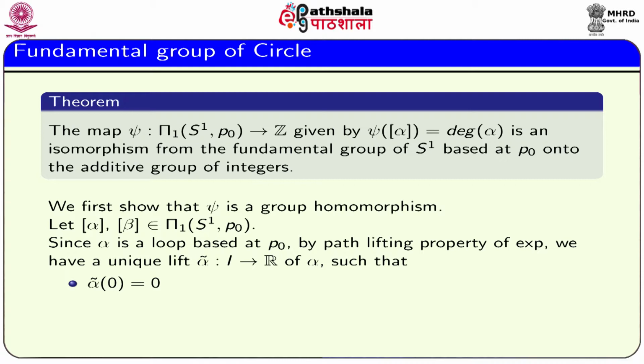Since alpha is a loop based at P0, by the path lifting property of the exponential, we have a unique lift alpha tilde from I to R of the loop alpha, such that alpha tilde 0 is 0, and exponential composed alpha tilde is alpha. Similarly, let us take the unique lift of beta as beta tilde.